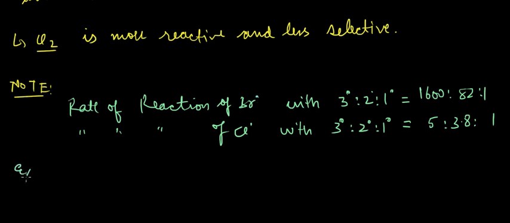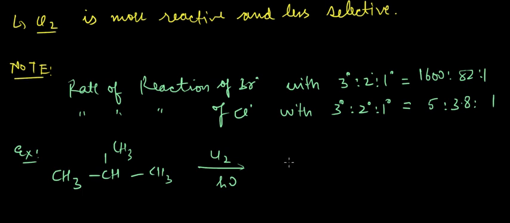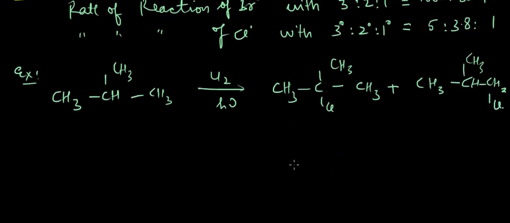Okay, let's see some examples here. We have CH3 here and CH3 here. We pass it in Cl2 in presence of h nu. So we'll get two products: Cl at this carbon atom and Cl at the 1 degree carbon atom, CH2Cl.